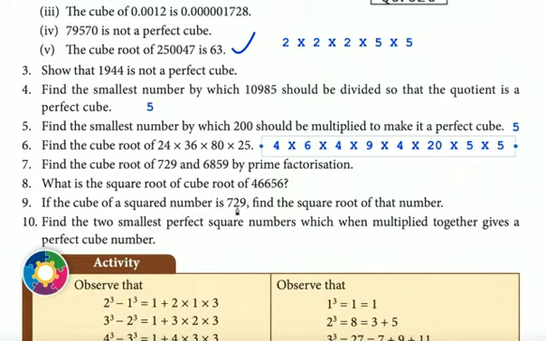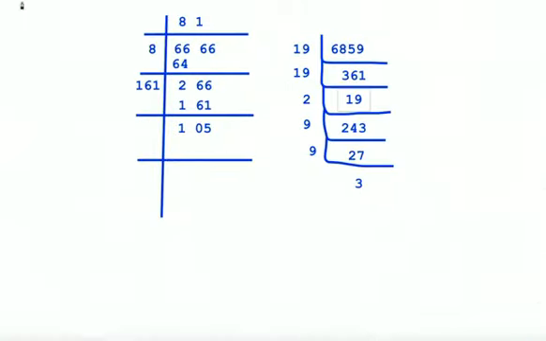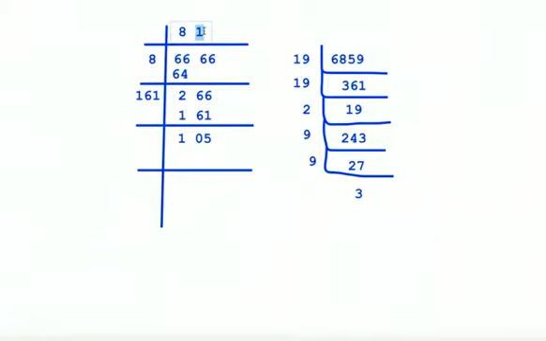What is the square root and cube root of this? 46656. You have to find the square root. You have to find the cube root. We will first find the square root of 46656.